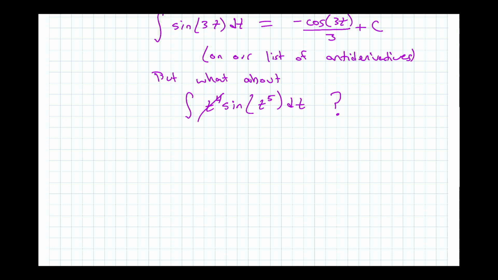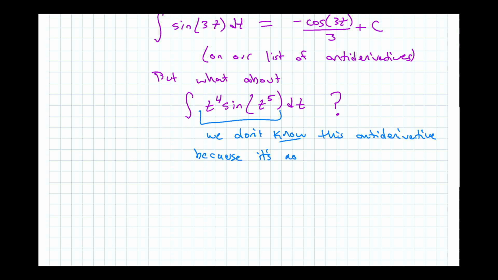We didn't learn about that. We learned about how to do it if the constant's out front, not if it's up as an exponent. So this is not on the list. But the main point is that this entire function is not on the list of things we know the antiderivative of. So we don't know it.